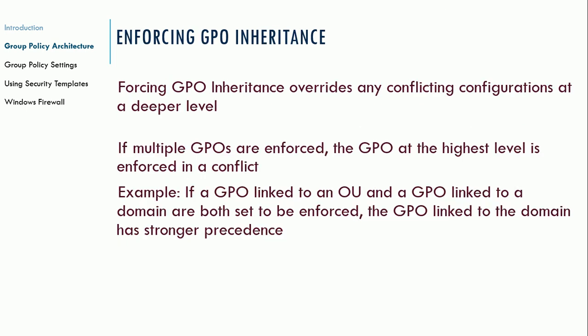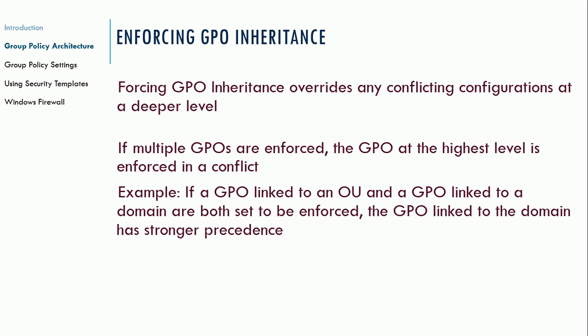So enforcing GPO inheritance overrides conflicting configurations at a deeper level. If multiple GPOs are enforced, the GPO at the highest level wins in a conflict. But if a GPO linked to an OU and a GPO linked to a domain are both set to enforce, the GPO linked to the domain has stronger precedence. In other words, if you have an OU and a domain, normally the OU GPO would override a domain GPO.